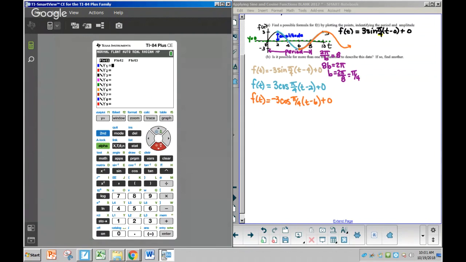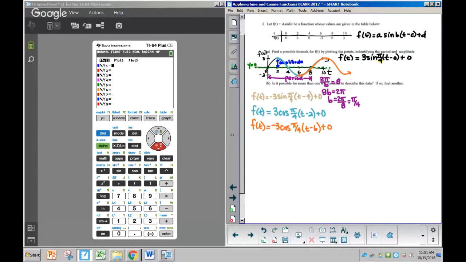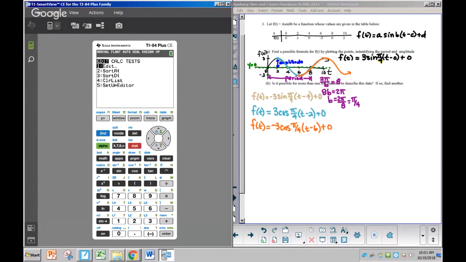Now, how do we enter our data that we had from our list? Do you remember from last year how we enter data? We're going to edit our statistics, right? So we hit the statistics button, we hit edit, and we press enter. Someone was kind enough to type in the data for me yesterday. So I'm going to let you guys put the data from our function of time into your list 1.